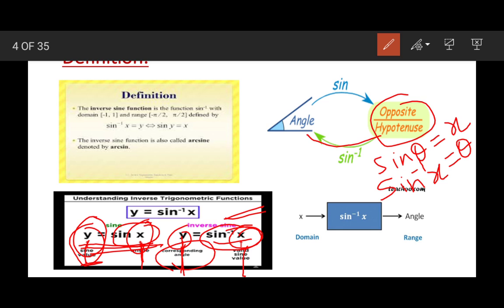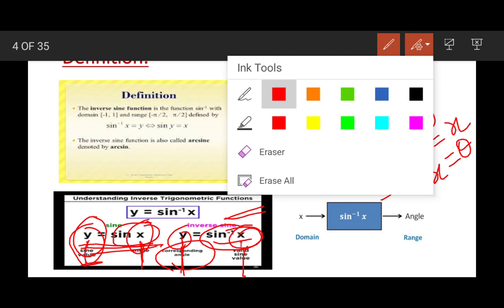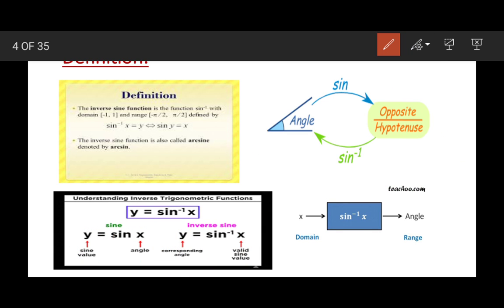Opposite of this, it depends how it is written. Once again, if y is equal to sine x is given, then y is a value and x is an angle. But if it is written as y is equal to sine inverse x, then y is an angle and x is a value. It depends how you are writing the term.